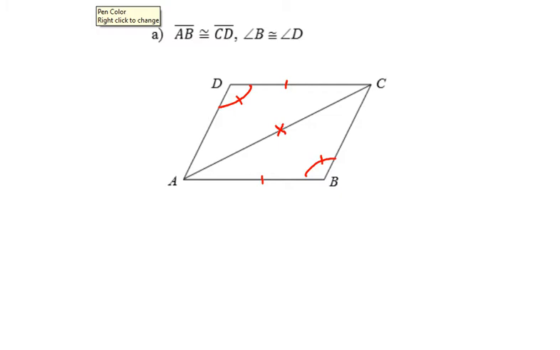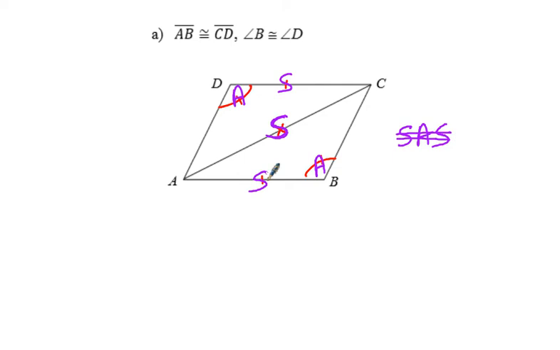Let's take a look. We're given side, side, angle, which matches side, side, angle. Notice this is not the SAS case because the angle that's given is not included between the two sides, so that's not applicable.